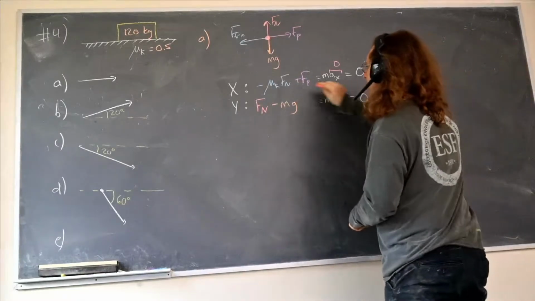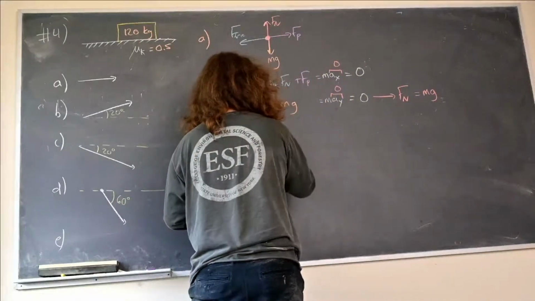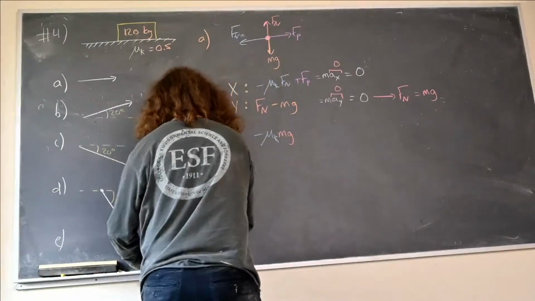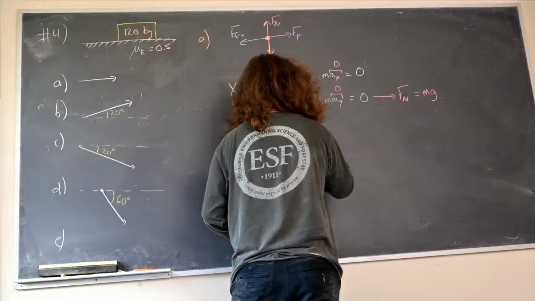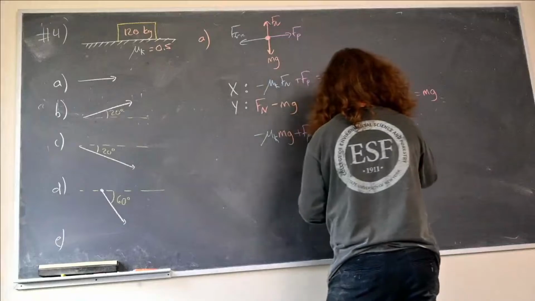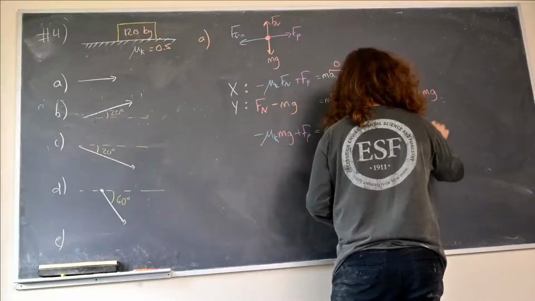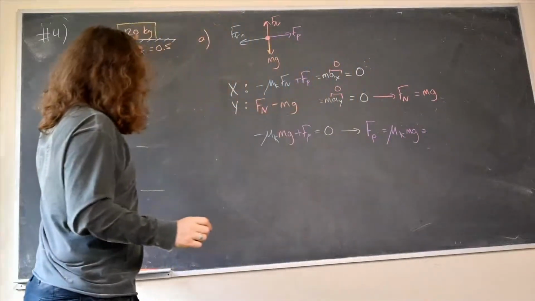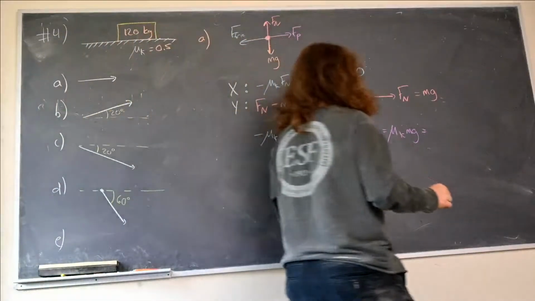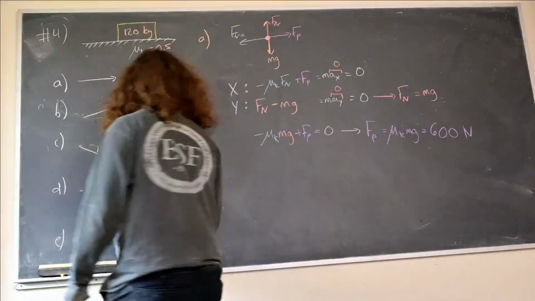So then we take this, we substitute it in, and we get minus mu k times the thing we just substituted in for the normal force plus the pushing force equals 0, telling us that the pushing force is mu k mg. If that's 120 kilograms, g is 10 meters per second squared, this gives me 600 newtons. So that's part A.